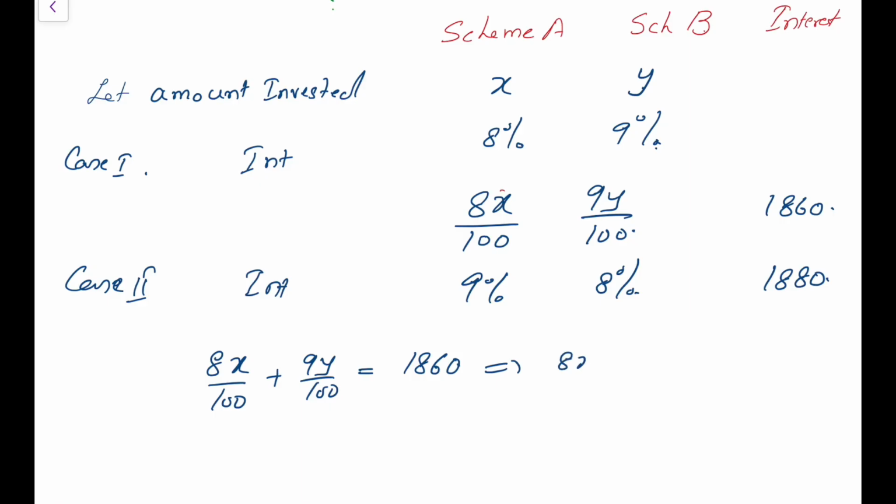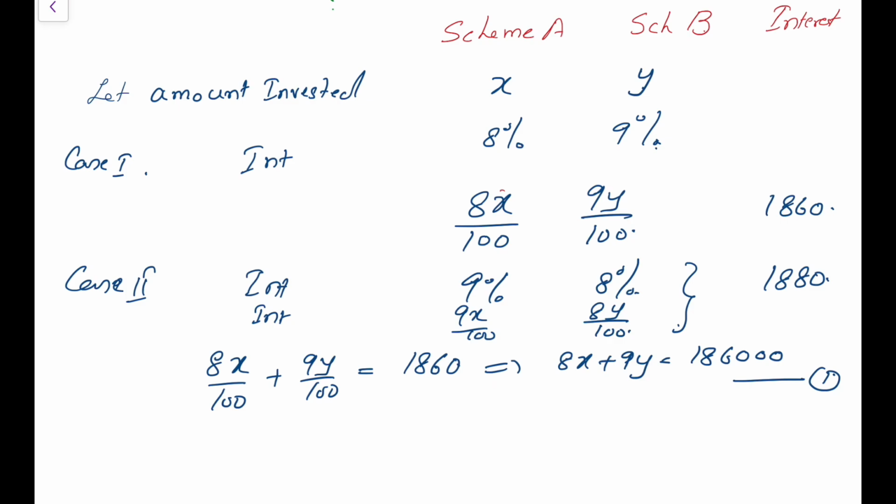So this will be 8x plus 9y equal to 1860 cross multiplying. So this is the first equation. The second equation will be, the interest will be 9x by 100 and 8y by 100.